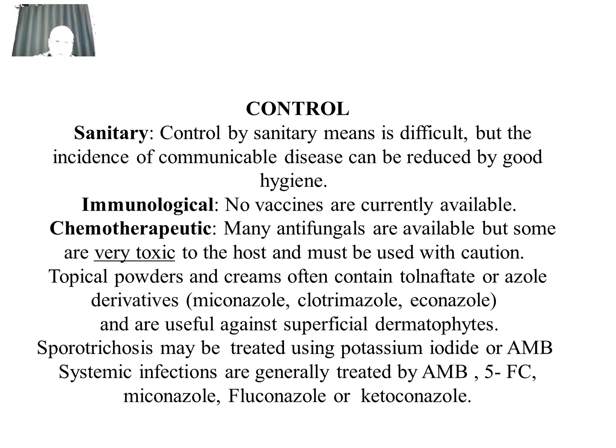Topical powders or creams often contain tolnaftate or other derivatives like miconazole, clotrimazole, and econazole, and are used for superficial dermatophytes. Cryptococcus may be treated using potassium iodide or amphotericin B. Systemic infections are generally treated by amphotericin B, 5-FC, miconazole, and ketoconazole.